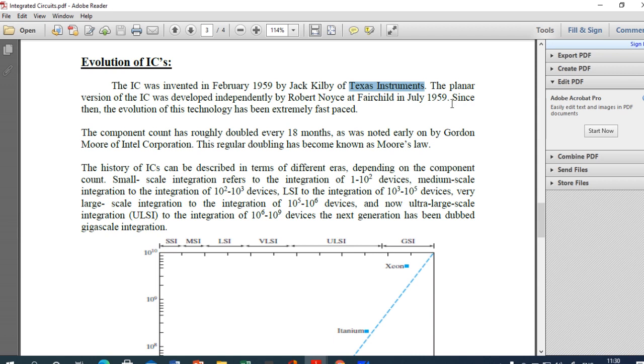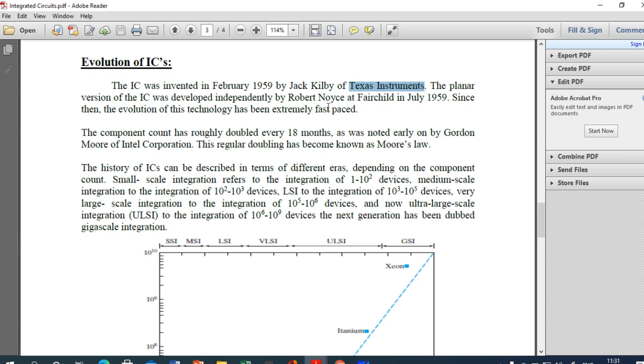Currently, Texas Instruments manufactures millions of integrated circuits like processors, controllers, gates. Whichever ICs the industries require are manufactured by the Texas Instruments company.